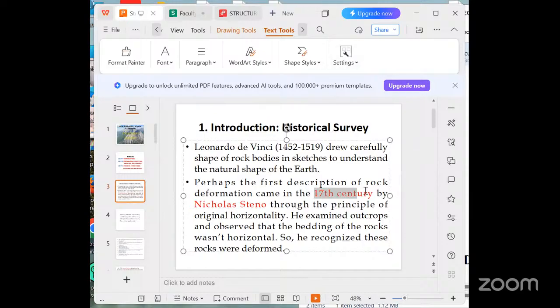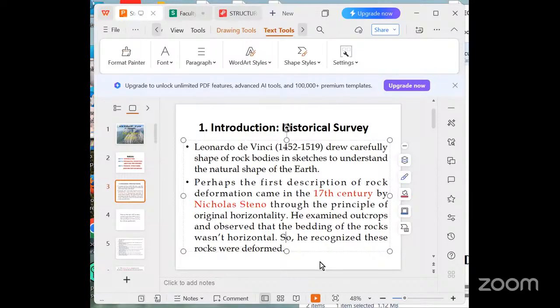Perhaps the first description of rock deformation came in which century? The 17th century, by Nicholas Steno, through the principle of original horizontality. Nicholas Steno examined outcrops and observed that the bedding of the rocks was not horizontal.